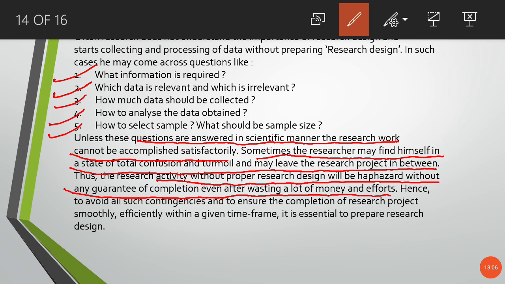Hence, to avoid all such contingencies and to ensure the completion of research projects smoothly, efficiently within a given time frame, it is essential to prepare a research design.